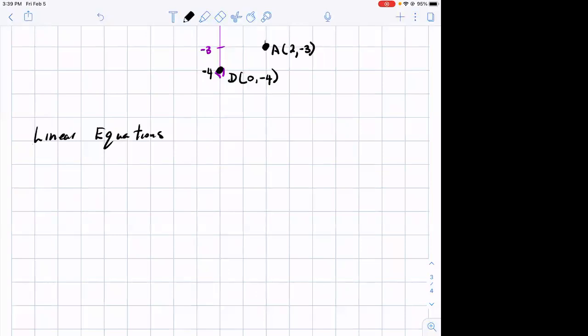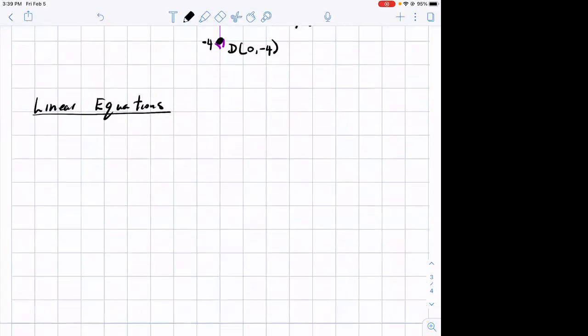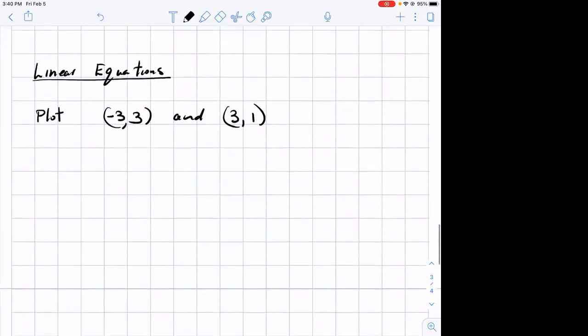So if we plot 2 points, minimum 2 points. So if I ask you to plot, let's say I have -3, 3 and 3, 1. So here we have 2 points to plot.